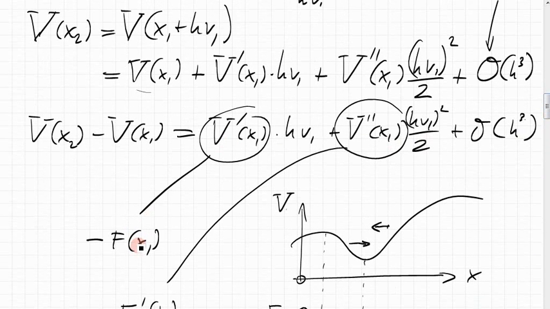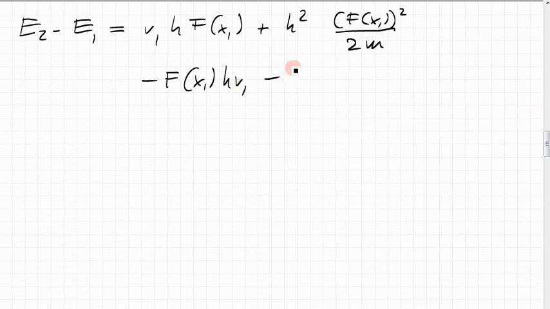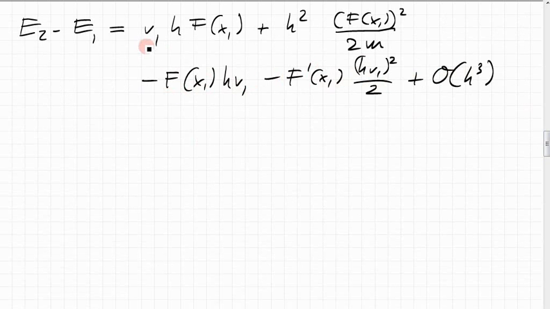Minus the force times h times initial velocity minus the first derivative of the force times time step times velocity squared over 2 plus some remainder. So these were the two terms. This is due to the derivative of the potential, and this is due to the second derivative of the potential. And we've got some remainder. So, nicely enough, this first term and this third term cancel.